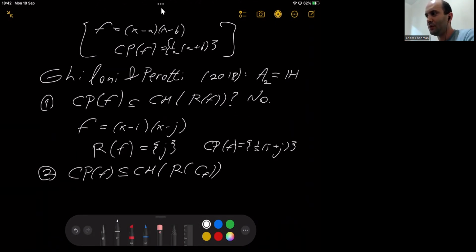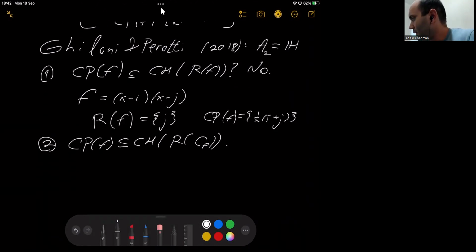They are the same. So you can take the roots of f, take the spheres, and then these are the roots of the companion polynomials. And here, the answer is usually no, apparently.